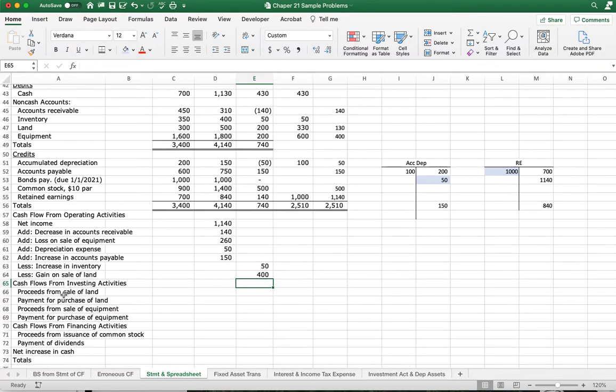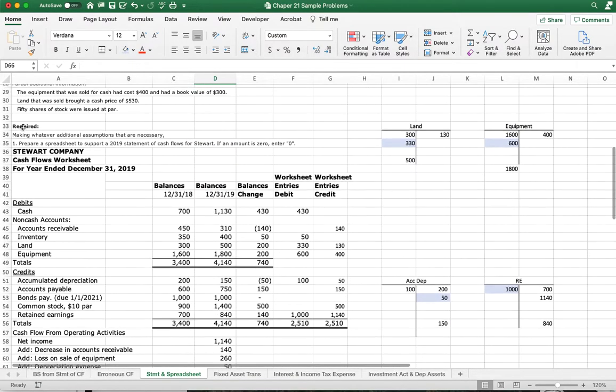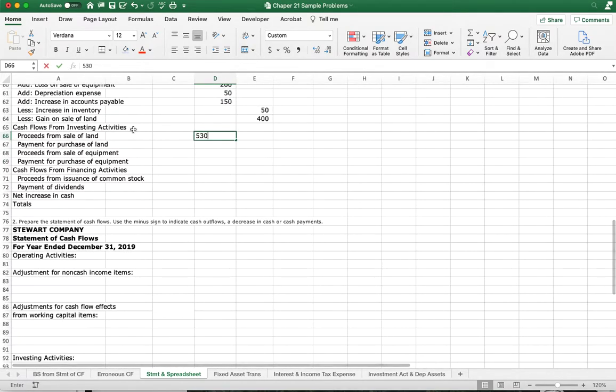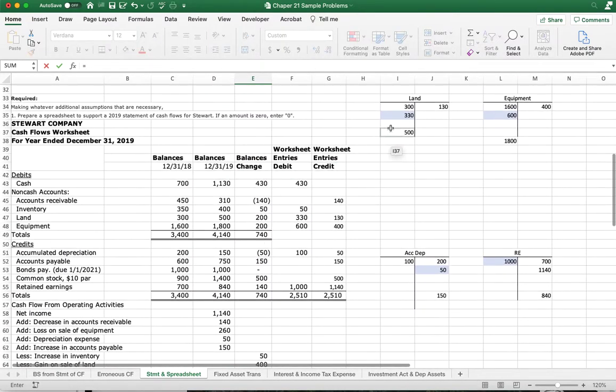Then cash flow from investing activities, the proceeds from the sale of land. We know that it was $530, right here it says that. So proceeds $530. Payment for the purchase of land based on our T account and our worksheet, that would be our $330.